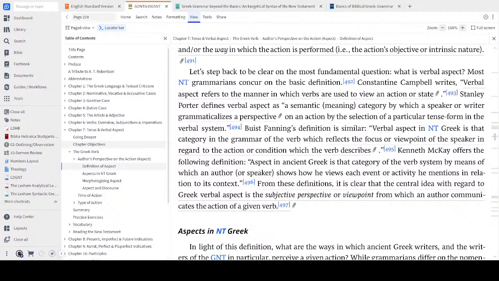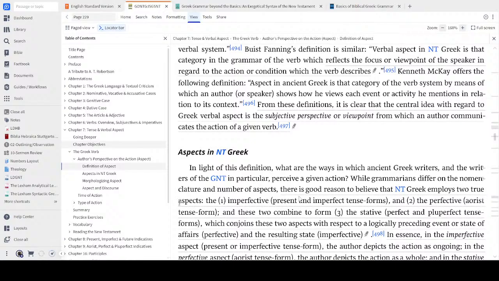Now, the other aspect is present, aorist, or another aspect is past or a completed aspect. And that's where we're going to get into down here.